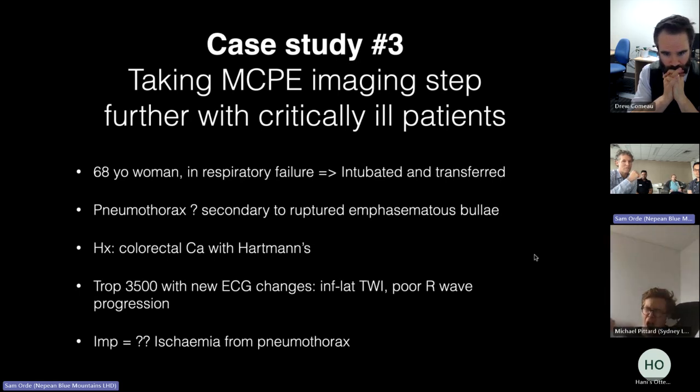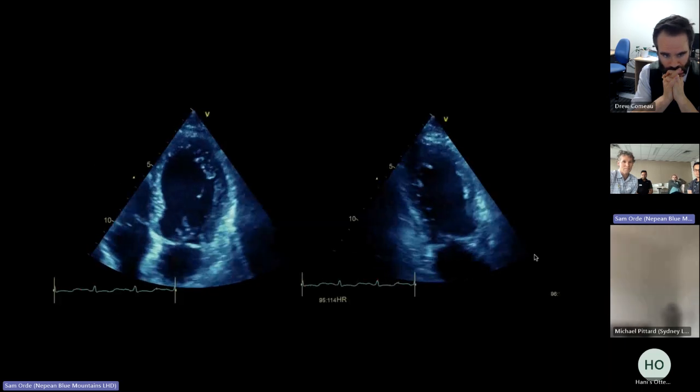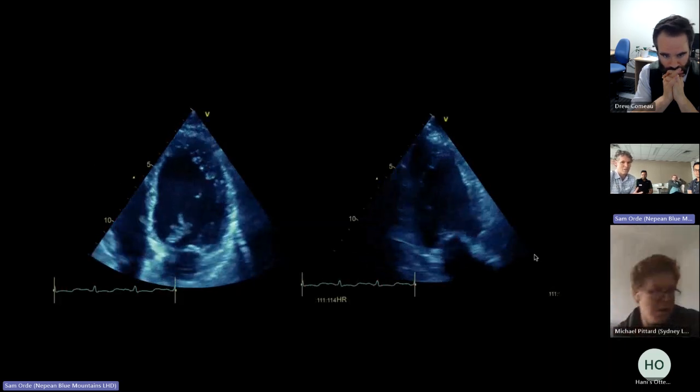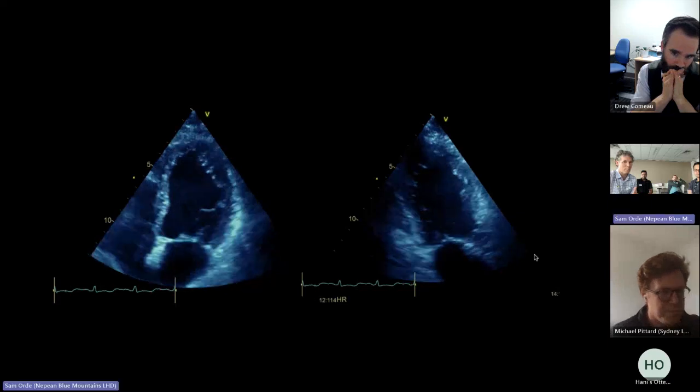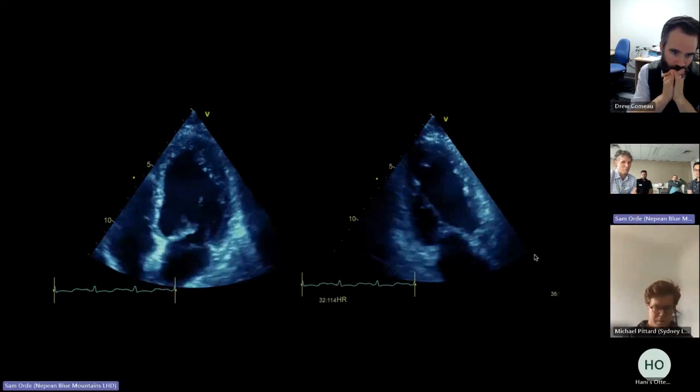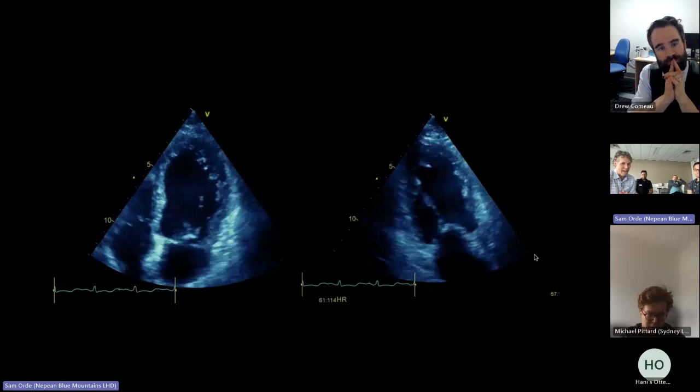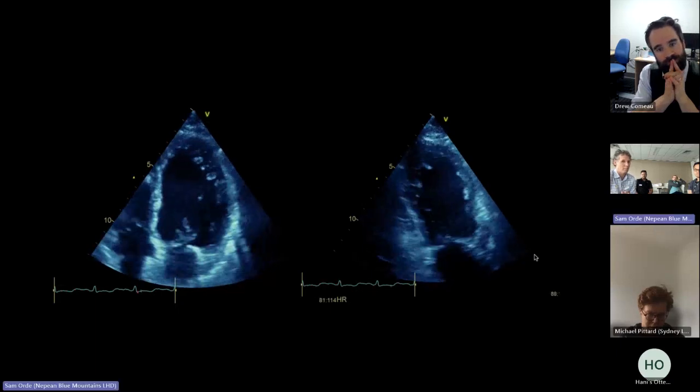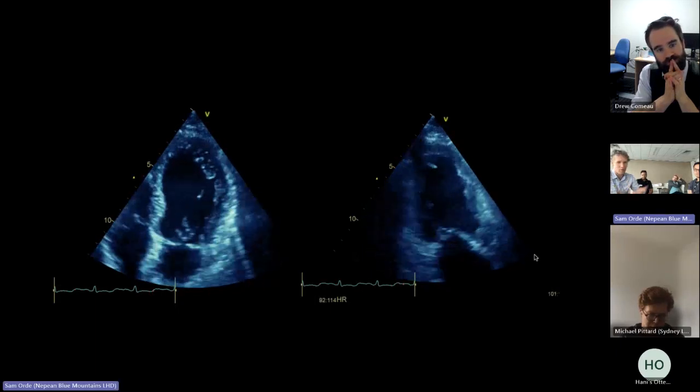She comes down with significant ECG changes, troponins well over 3,000, and a diagnosis of a potential non-STEMI secondary to this insult that she'd faced. When we look at these echo images, it's a pretty significant regional wall motion abnormality, right? We've got the entire mid and apical level which is akinetic, and the basal levels that have relative hyperkinesia.